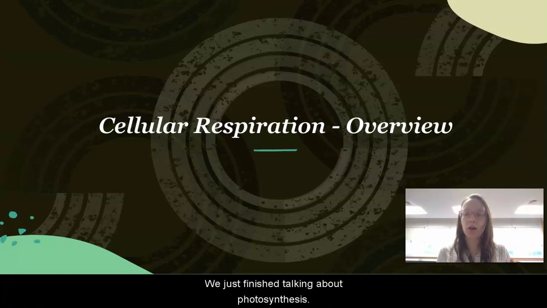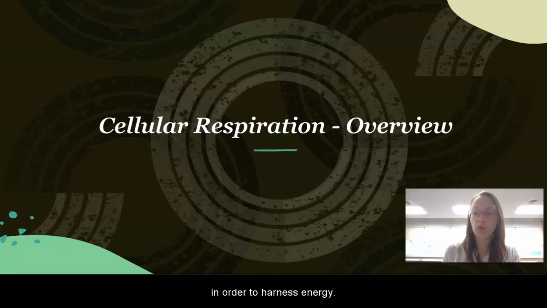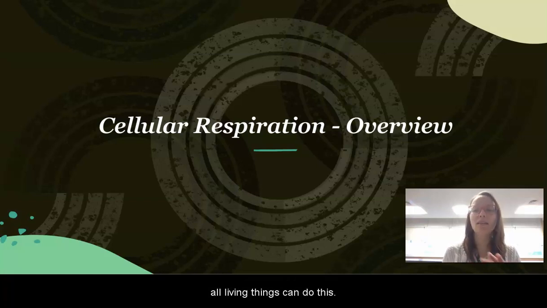We've just finished up talking about photosynthesis, which is a really important process that autotrophs use in order to harness energy. That is not possible in all organisms. But we are now going to start talking about cellular respiration. And this is a super important process because all living things can do this.